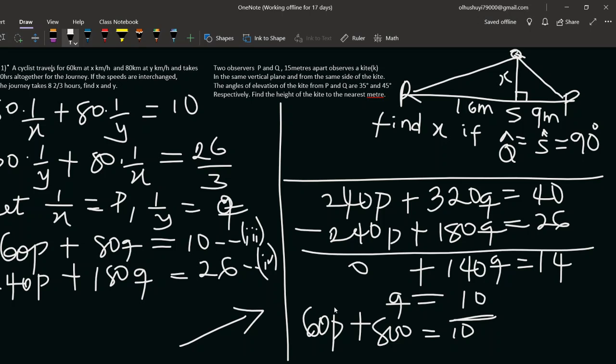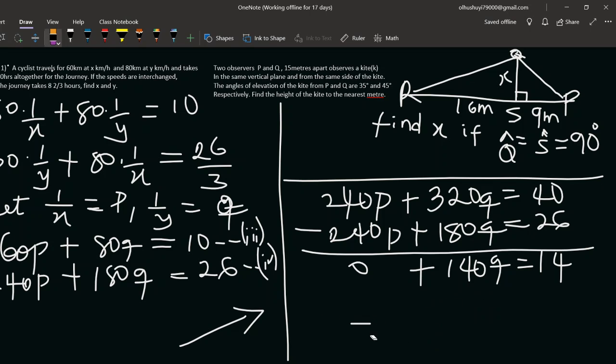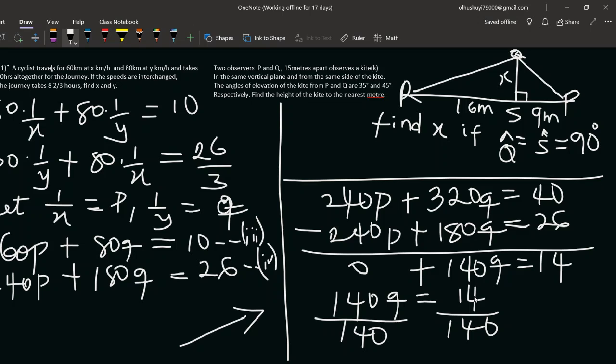So sorry, it couldn't have been 10. I will need to pay attention carefully to so many things. So here we have 140q to be equal to 14. So dividing both sides by 140. That was an error by oversight. So q should be 1 over 10.